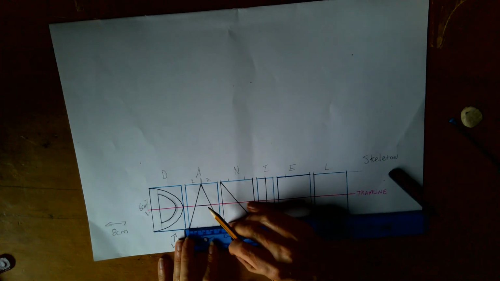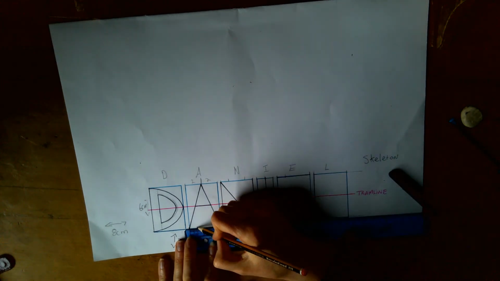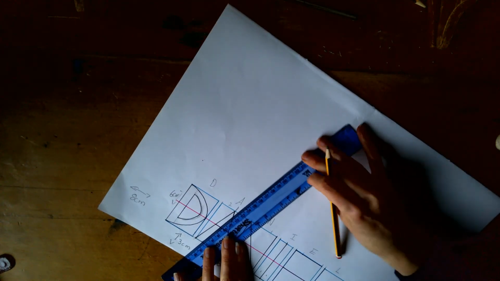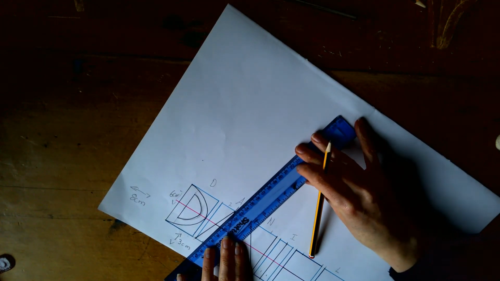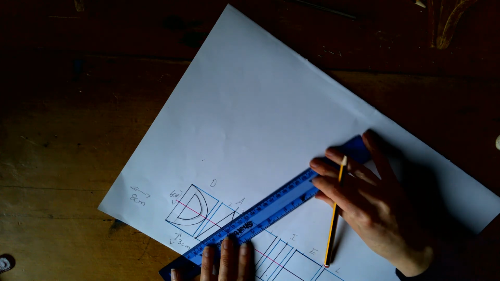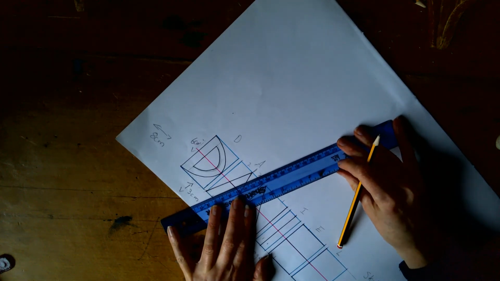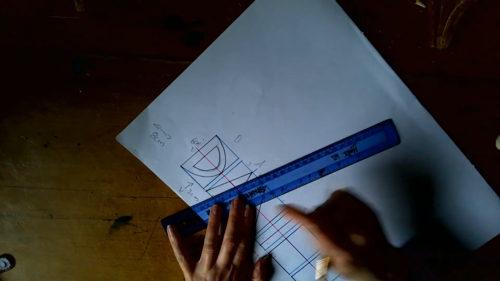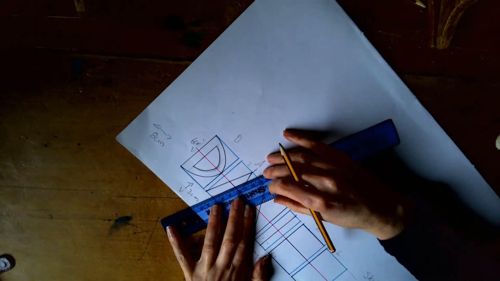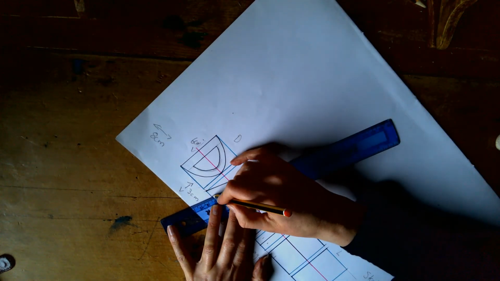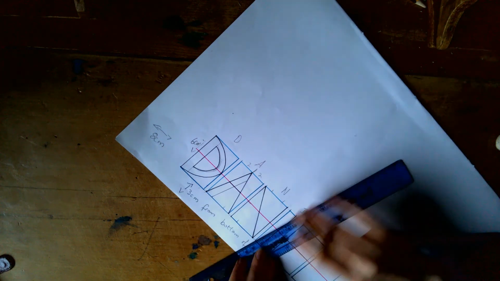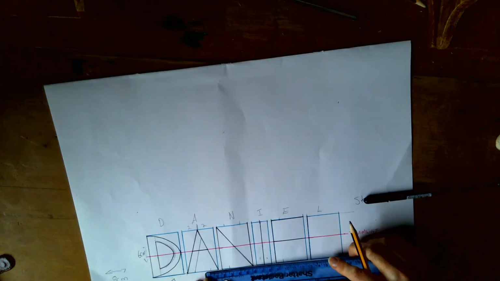So again, I'm just going to say 1 centimeter here. And I'm going to look at my A, and I'm going to draw. Now, I don't think I'm going to draw the A like this. What I'm going to do is try and make sure that line there is parallel, okay? And I did this, and the same on the other side.